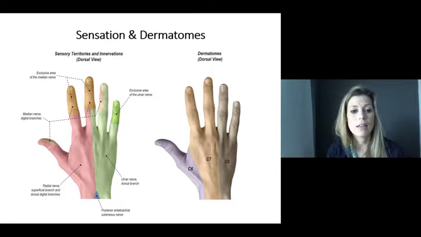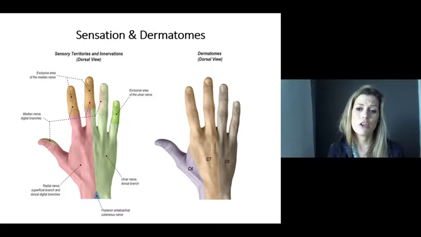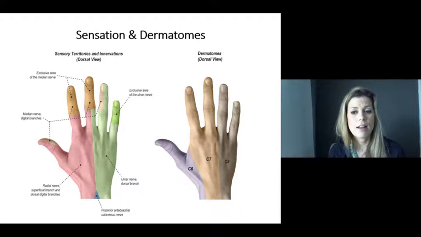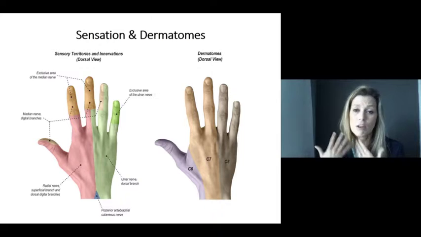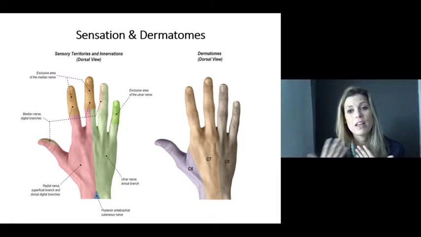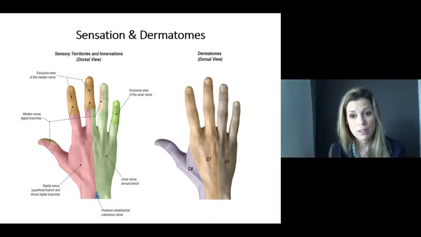Here we can see again on the left side of the screen a sensation breakdown with the radial nerve, the median nerve, and the ulnar nerve. This is a dorsal view. On the right side of the screen, you can see a dermatome pattern. Dermatomes are more likely to present if a client has an injury more proximally, typically brachial plexus injuries involving nerve roots and nerve trunks.